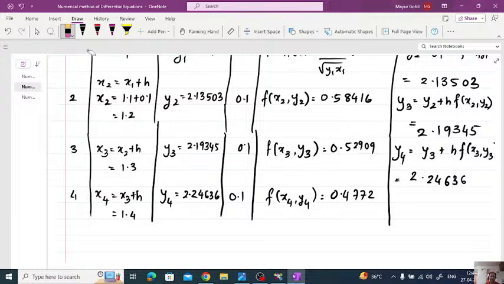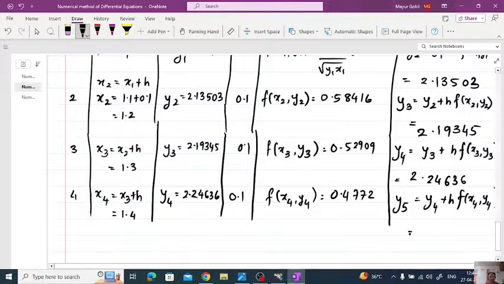Now see, here we got the answer. 0.4772 we did here, and now y5. Y5 will be what? Y5 is y4 plus h times f of x4, y4. The answer we have to calculate and get. So the answer will be how much?